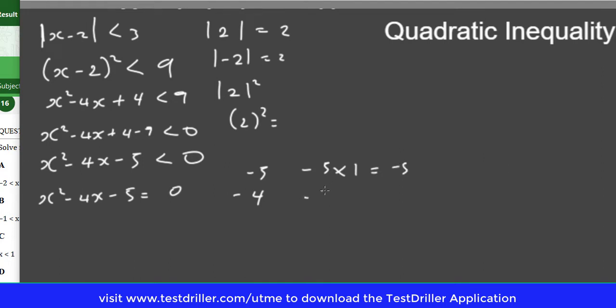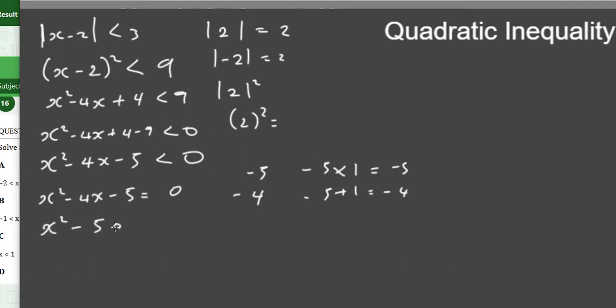Then you factorize. If you take out x, you get x times (x minus 5). Then for the other part, since nothing is common, you just bring out 1, and you'll be left with (x minus 5). Then if you factorize further, that will give you (x minus 5)(x plus 1) equals 0.